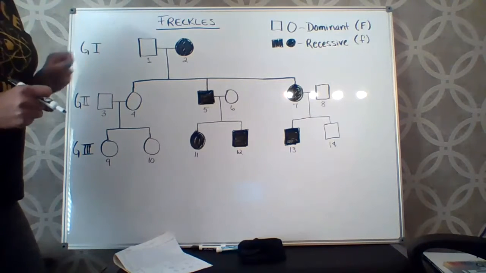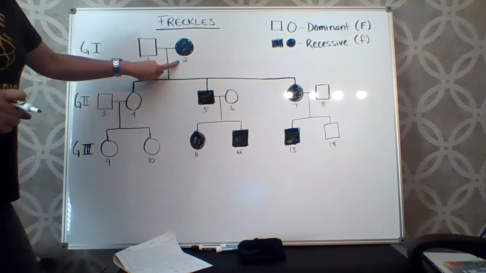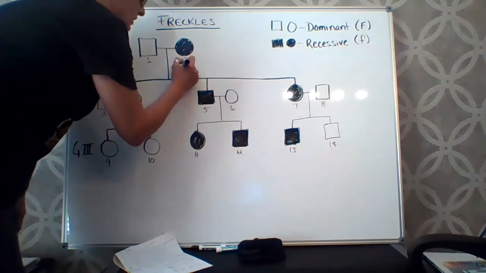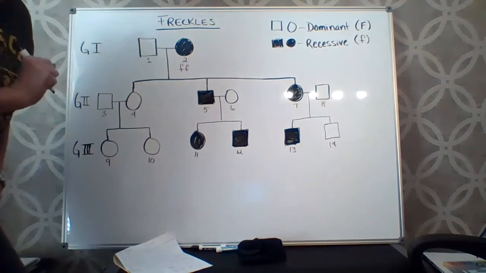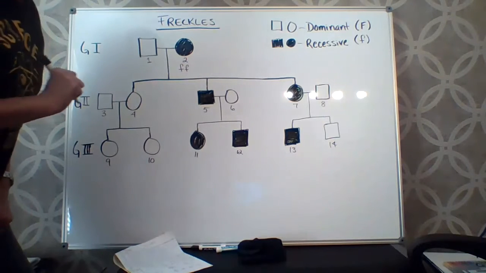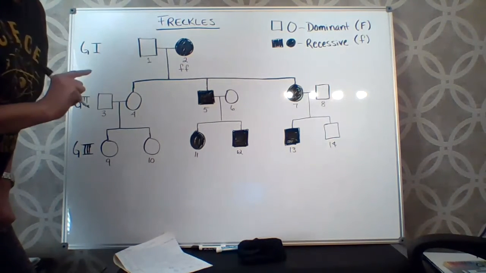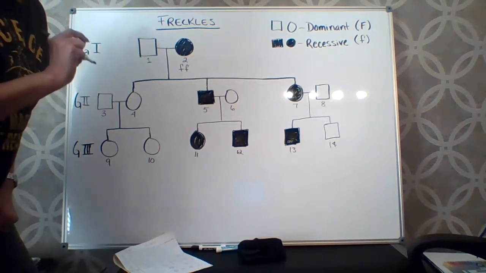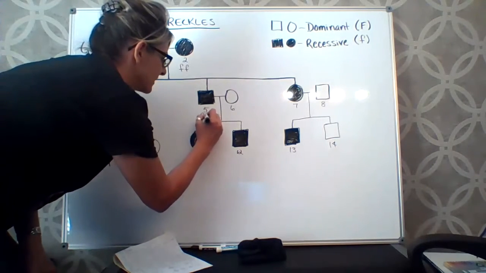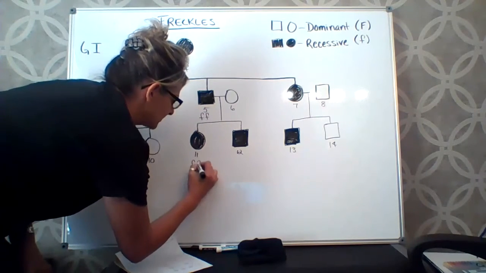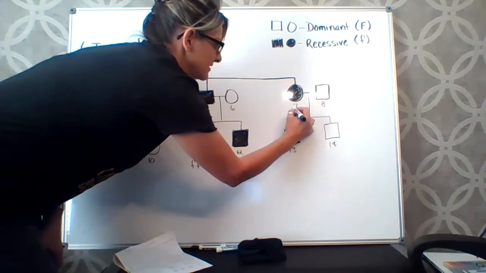So I'm going to start by filling those out. And I'm going to start here with my number 2. Okay, so underneath her 2, I'm going to write her genotype, which in this case is lowercase f lowercase f. And then I'm going to fill in that same exact genotype for every other person in this pedigree that is showing that expression of this particular trait, or in other words, they have freckles. So every person on here that is shaded, I know is homozygous recessive.